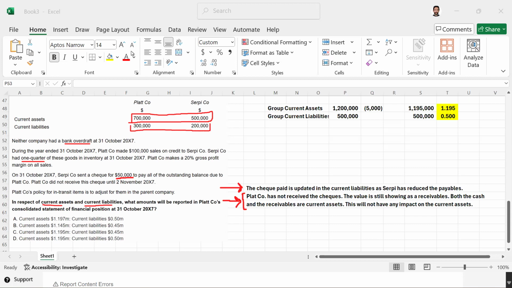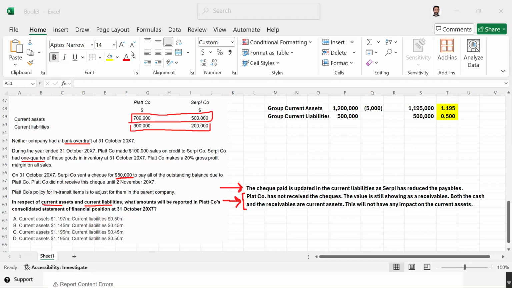The 50,000, since it's not paid, since it's not considered received, is treated as a receivable in the accounts of the parent. Okay. So if it is later received, it will be considered cash. So we will be reducing the receivables and we're going to increase the cash.